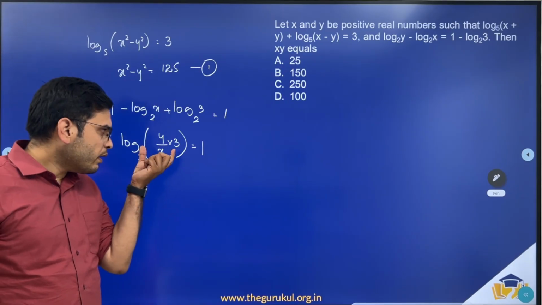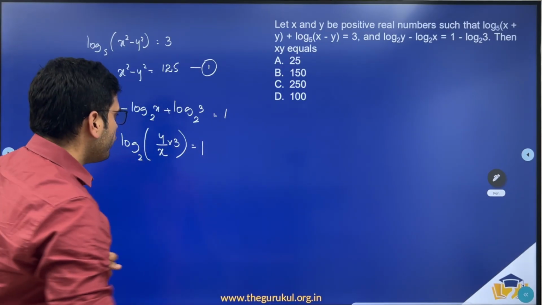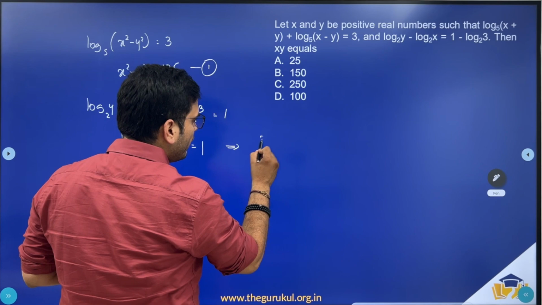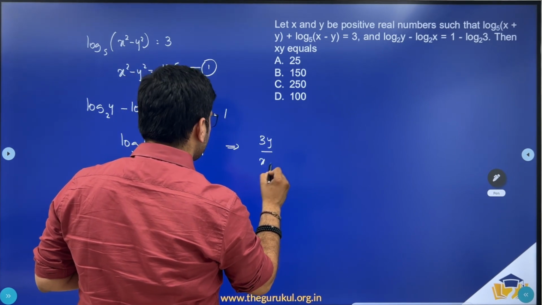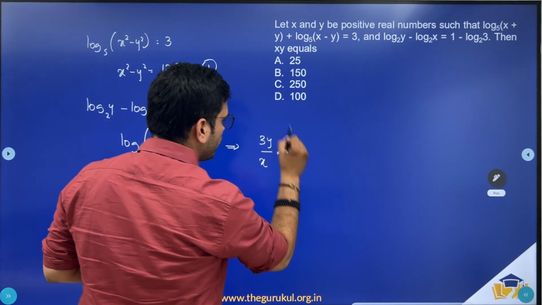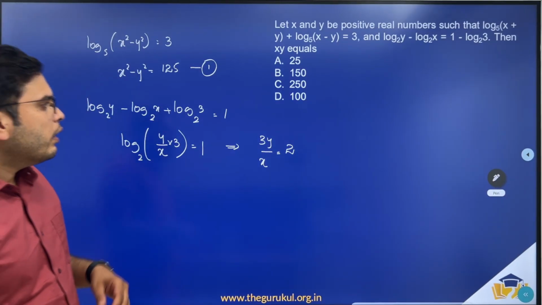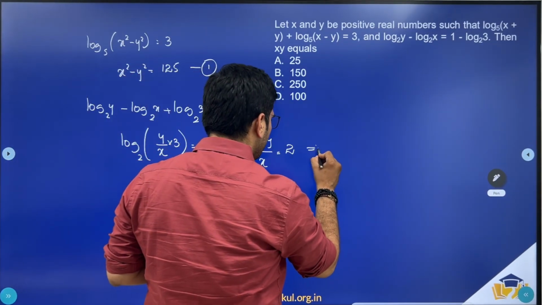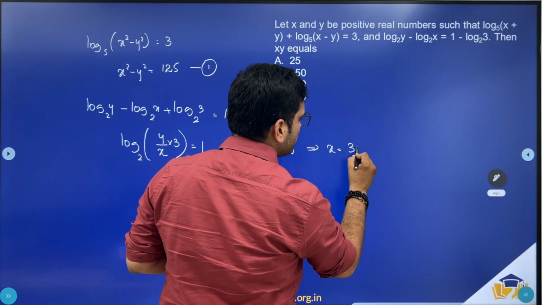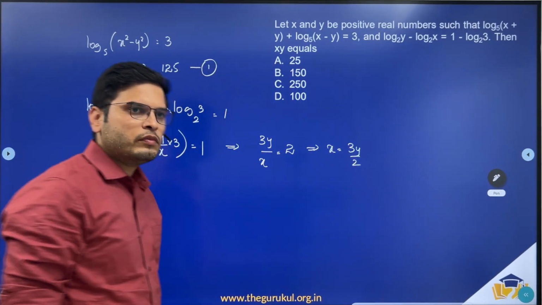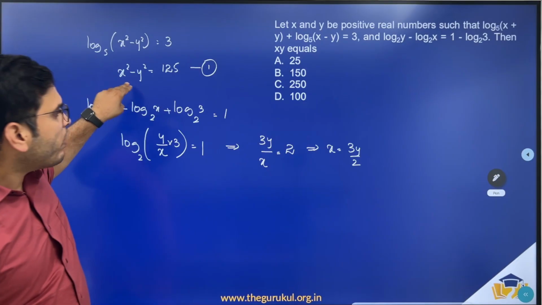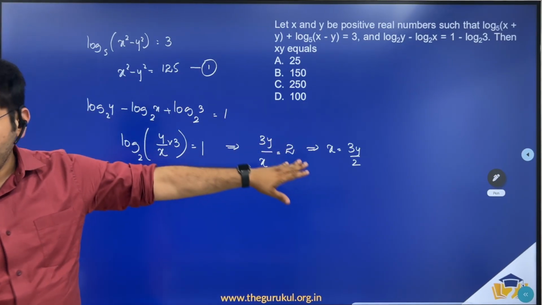Again, let me convert this logarithmic form to exponential form. So this becomes 3y by x is equal to 2 power 1, which is 2. Now let me write x as 3y by 2.